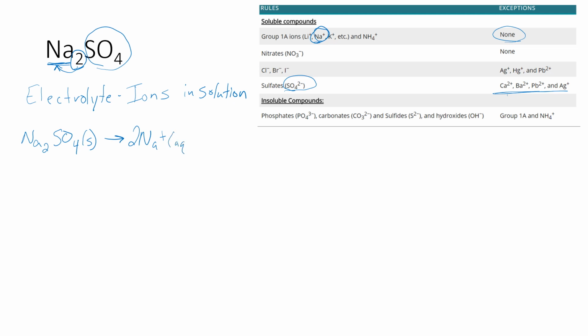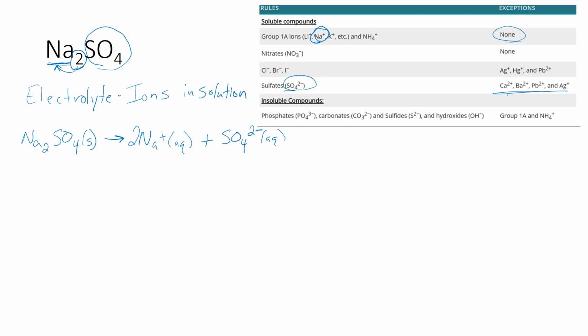And we put an aq to represent that it is dissolved in water. So we don't need to include water in our reaction because that aq tells us that it is water. Now the sulfate we said is covalently bonded to itself, and so the sulfate is going to stay together as one unit, and it is going to be aqueous, so it's one polyatomic unit that stays bound together in the solution. So this would be our dissociation reaction.